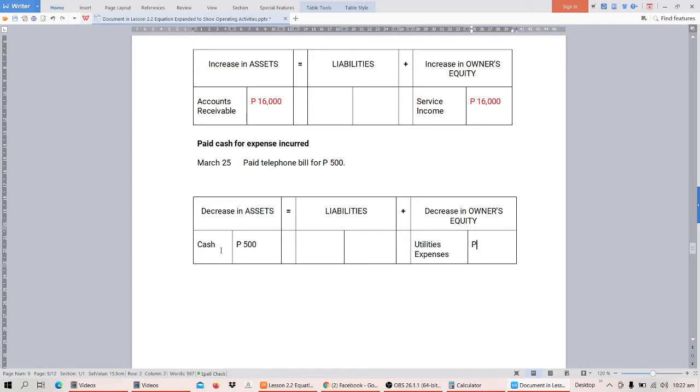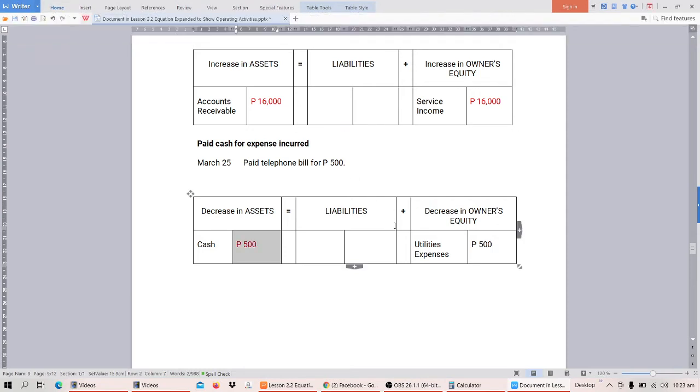Okay, 500 pesos. So there is a decrease in asset cash by 500 pesos with a corresponding decrease in owner's equity for your utility expense incurred. So the transactions for regular expenses are usually paid. So decrease in 500 pesos.